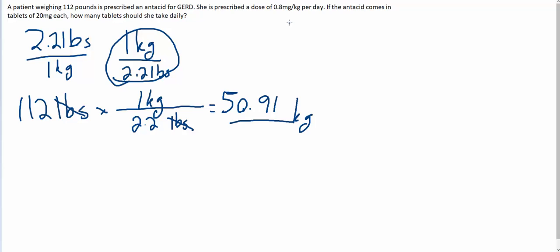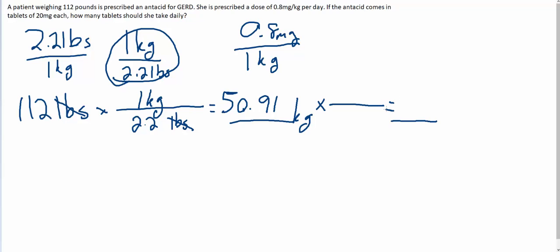Now we'll look in the problem and see where there are kilograms, and we'll see that in our dose, 0.8 milligrams per kilogram per day. We can write this as 0.8 milligrams need to be taken for every kilogram of body weight. And we'll multiply our kilograms of body weight times this conversion factor. So 0.8 milligrams on top, 1 kilogram on the bottom.